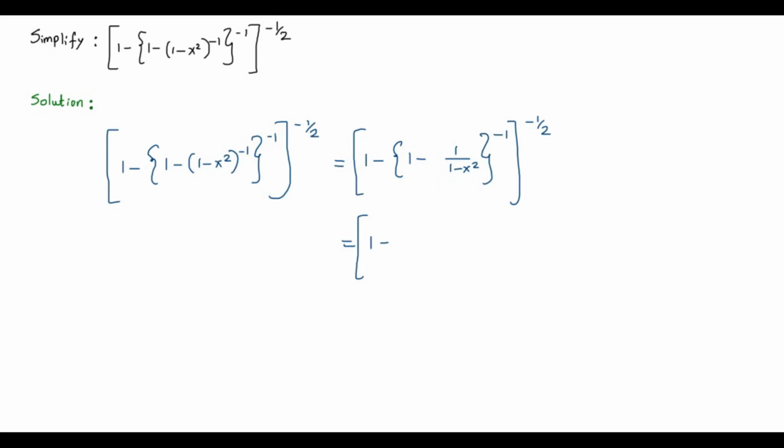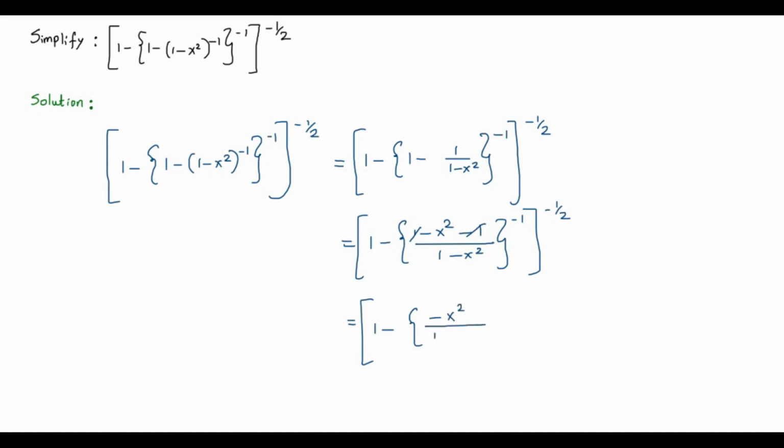I get 1 minus x square minus 1 divided by 1 minus x square to the power of -1 whole to the power of -1/2. Okay, here this positive 1 and -1 can be cancelled out. We get 1 minus x square divided by 1 minus x square whole to the power of -1 whole to the power of -1/2.